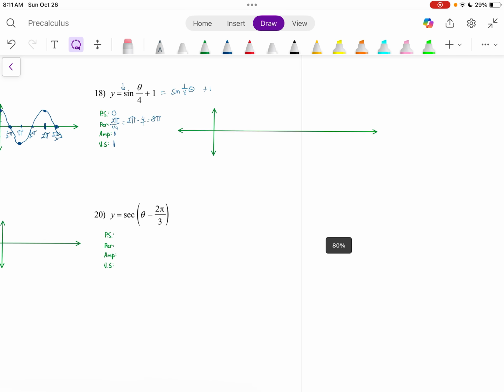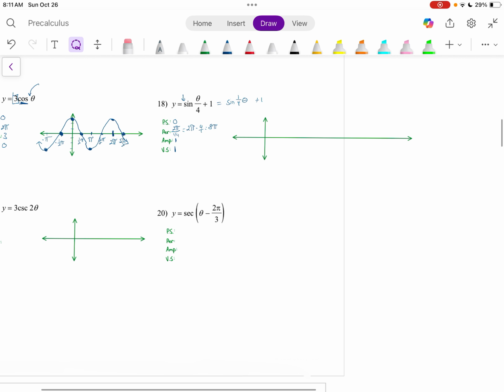Now, we get to mark our graph however we want, so we can fit it on the page. But I'm going to come way out here and say this is 8 pi, because our period was 8 pi. So half of that is going to be 4 pi, 2 pi, and 6 pi.